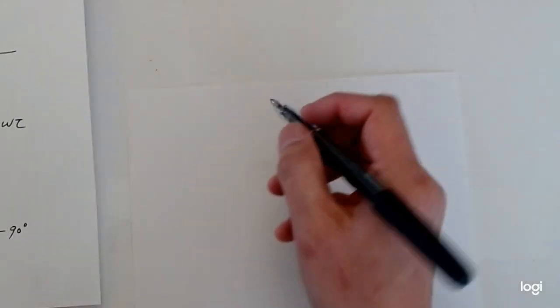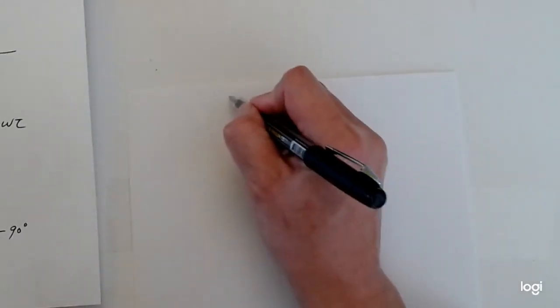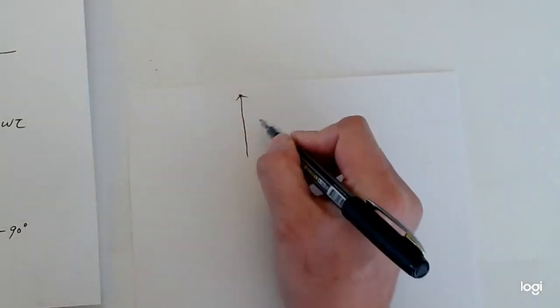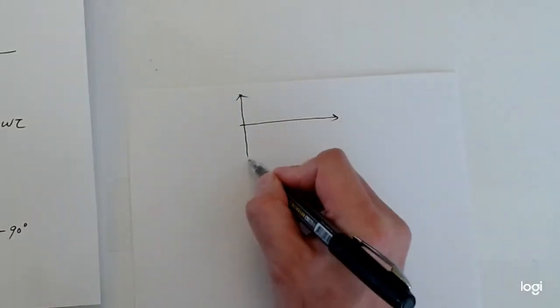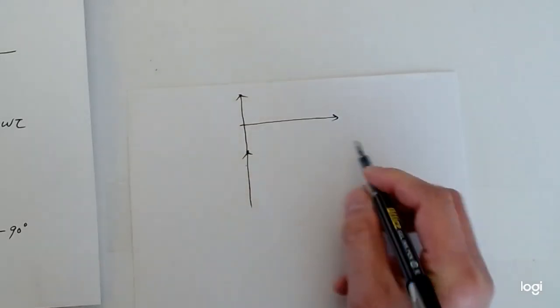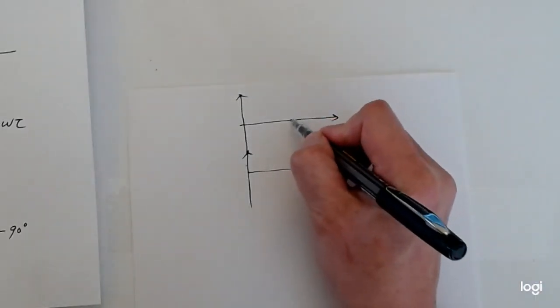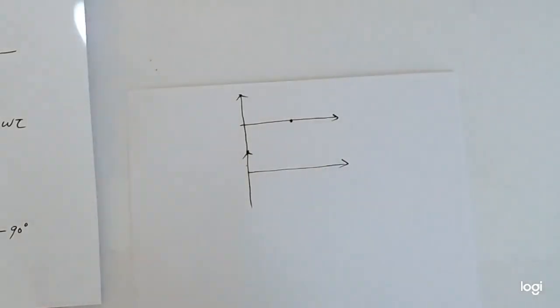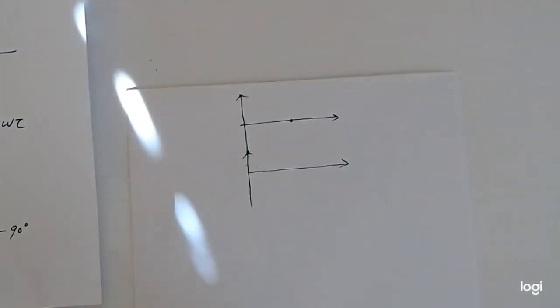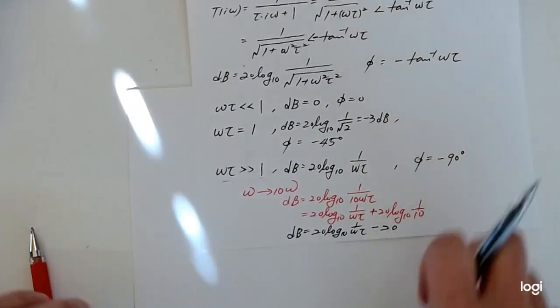So first of all, the dB plot and the phase angle plot. Starting from the cutoff frequency, how do we get it? That's right here.